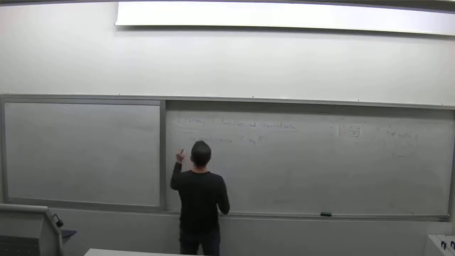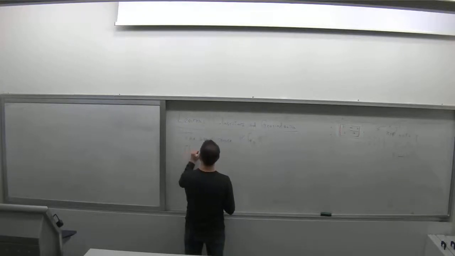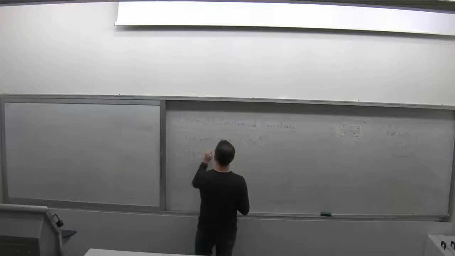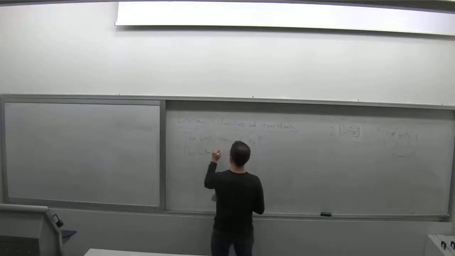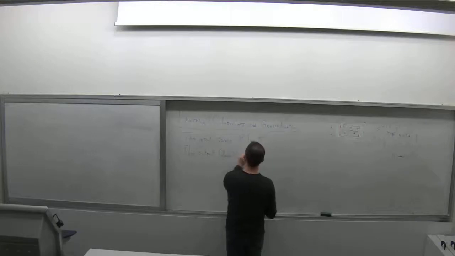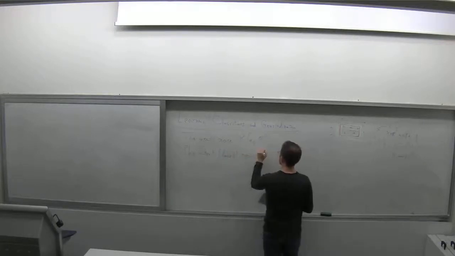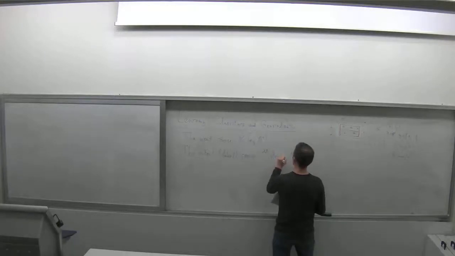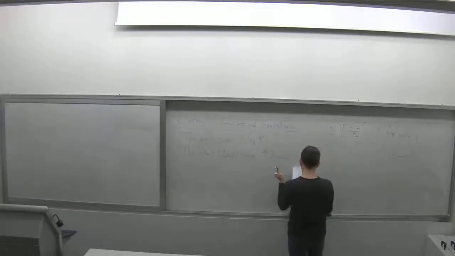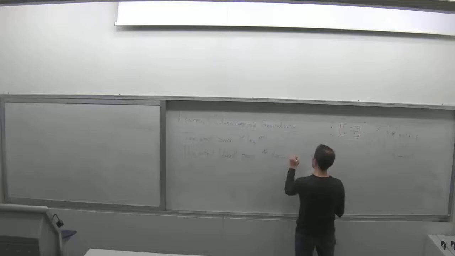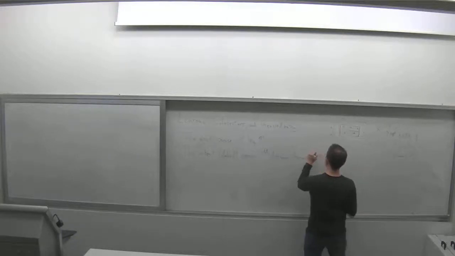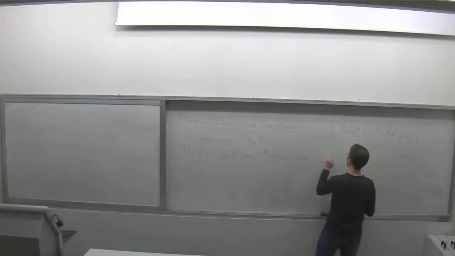So now the output or label space Y. We will assume binary classification. So Y in our case would be just plus 1, minus 1.